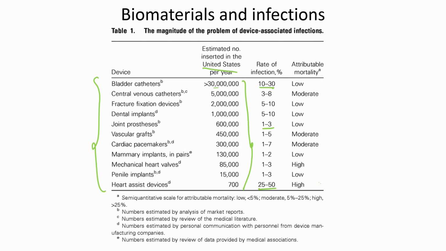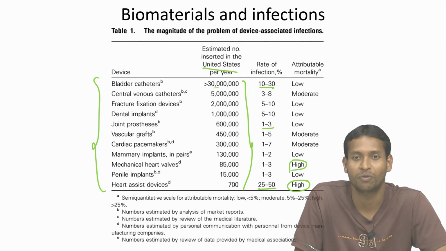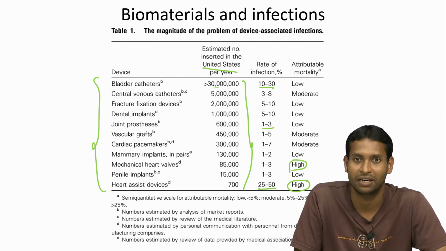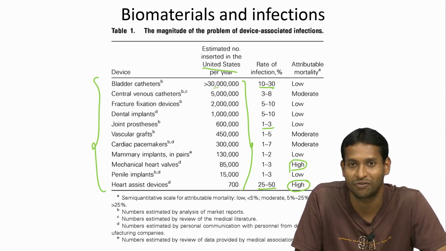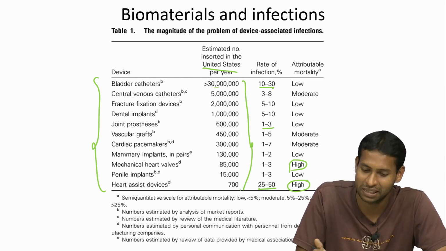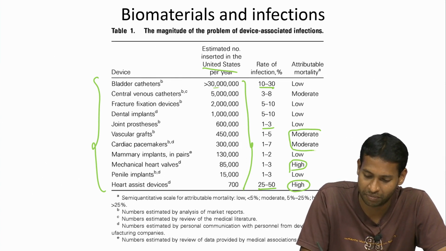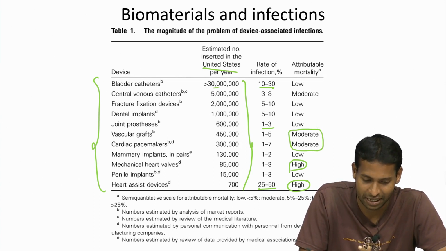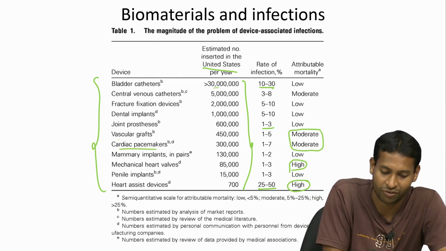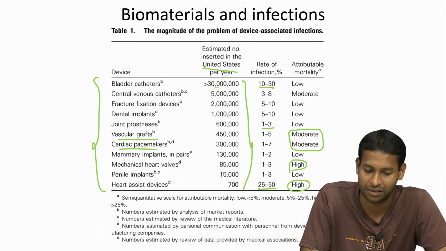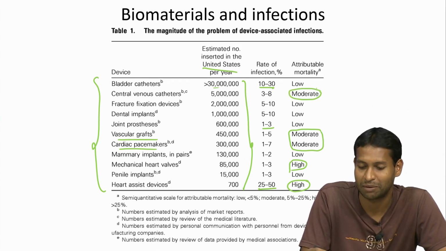As you can see, especially with the heart assisted devices, the mortality is very high. Similarly, anything related to the heart is extremely critical, just because it is not feasible to continue to maneuver around with it. It is a very sensitive organ. If it stops beating for even a few minutes, the patient is essentially dead. And in some cases the mortality is moderate, which is again related to some sort of blood, and something like that can be very serious.